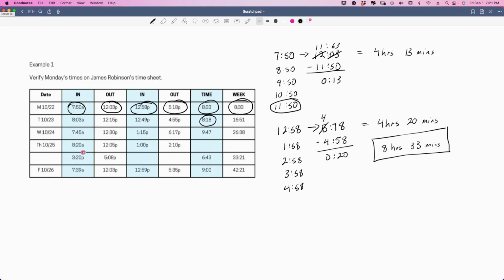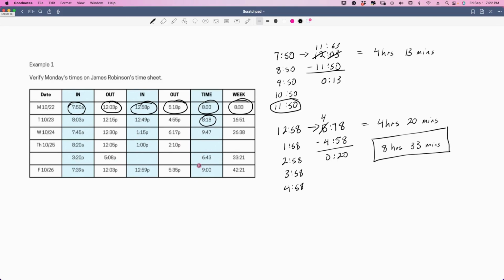Notice on Thursday, he worked 3 shifts. He must have had a doctor's appointment or something. He worked from 8:20 to 12, and then he came back from lunch and worked from 1 to 2, and then he left for an hour and 10 minutes. He came back at 3:20, and then he got off work at 5, and he only worked 6 hours and 43 minutes.